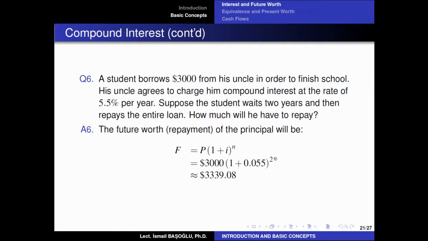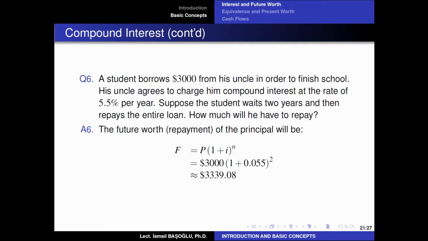So 2 is the number of years that the student is keeping the money for, and 0.055 is the yearly interest rate as decimal. And as you can see, according to this formulation, the total amount that the student needs to repay is $3,339.08.